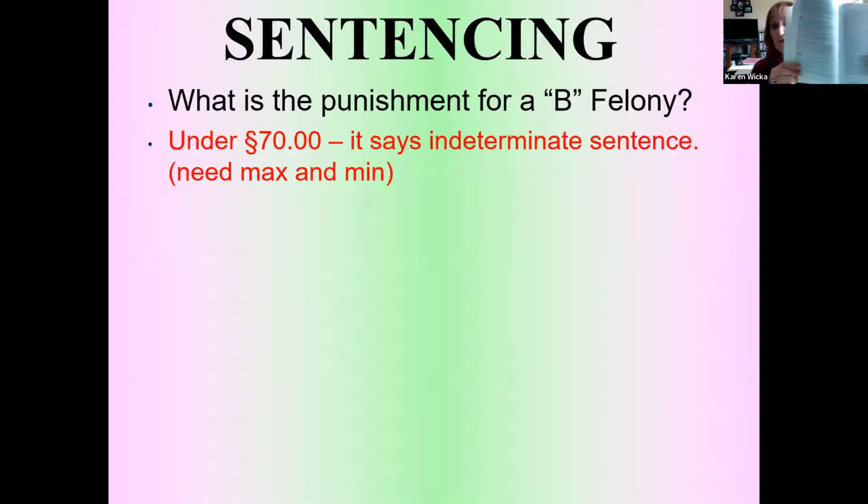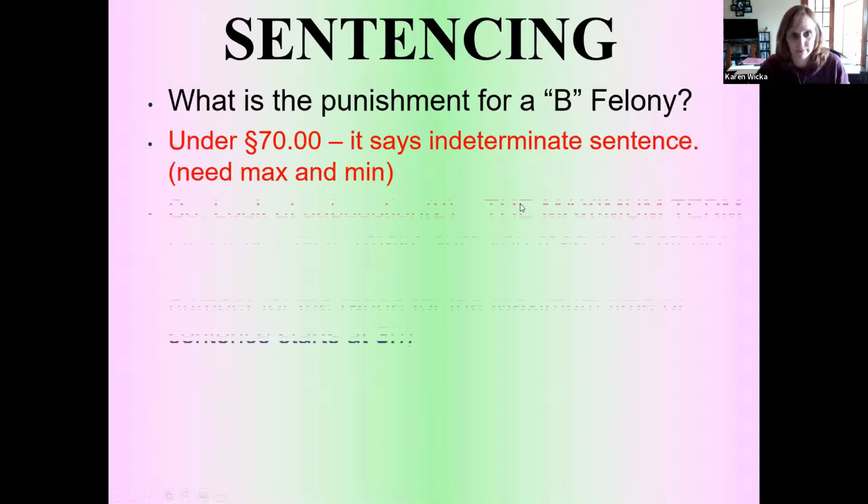So I actually write notes right in my book. So you can see I mark section 70.00 for felonies, and then I mark section 70.15 for violations and misdemeanors. So I know those are the only two I'm going to use. And then when I go down to 70.00, you see I underline indeterminate so that I know right away that I'm going to need multiple numbers.